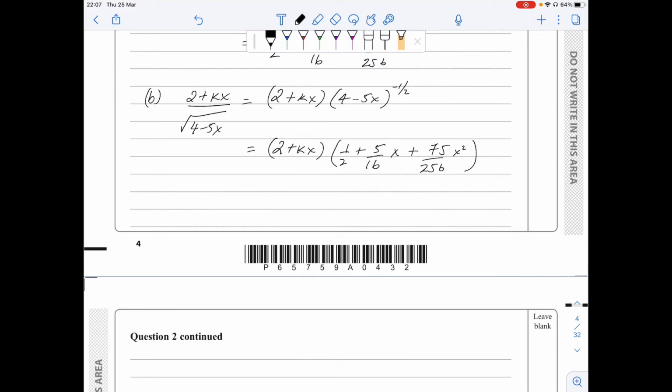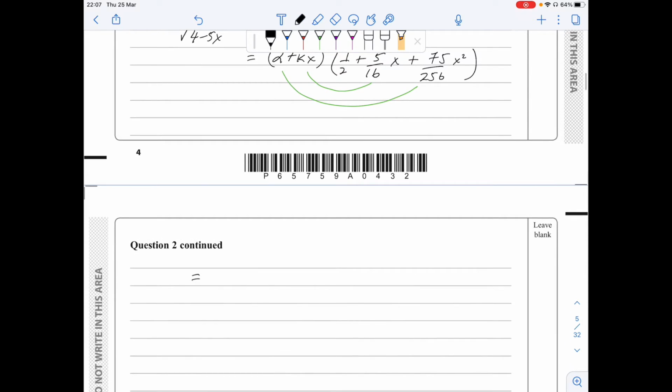Now I need the coefficients of x and x squared. The coefficient of x comes out from the multiplication of kx times a half, or 2 times 5 over 16x. And for x squared, I need these combinations. Now, if you're not sure, you can expand the whole thing.